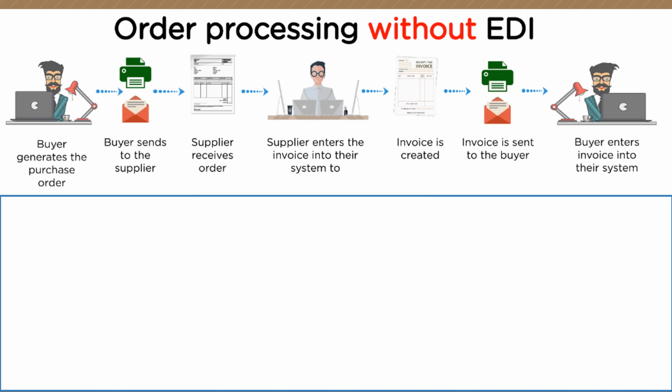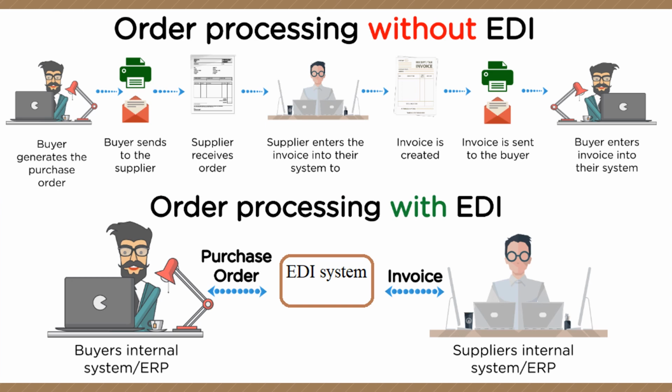Whereas if we use EDI, the buyer's internal system integrates with ERP in sending the purchase order, and then the EDI system will process all of the intermediate documentation, approval, and so on.